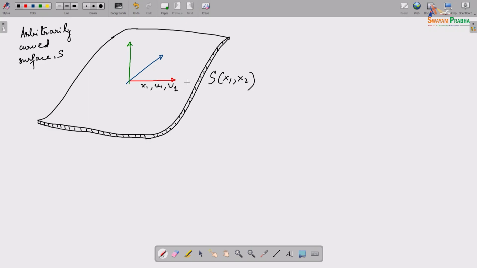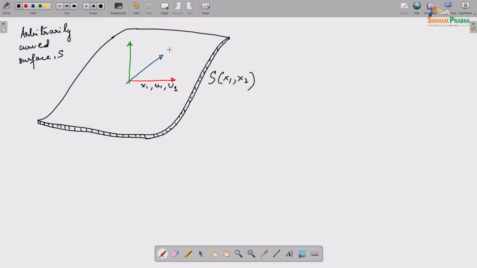What is small u? Small u is basically velocity within the boundary layer. Capital U1 is the free stream velocity component in this direction, which we are calling x1. This one is x2, u2, and this one is x3 and u3.